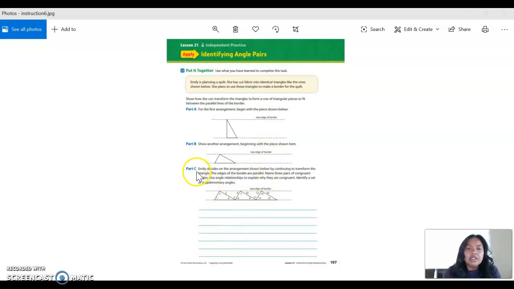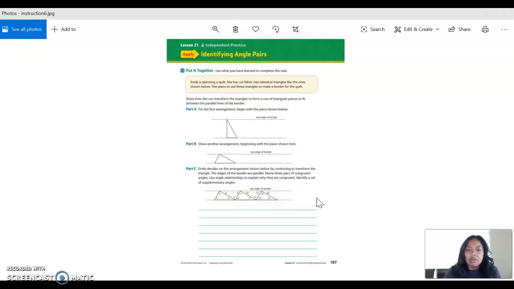Okay, part C, this is the answer that I want here. It says Emily decides on the arrangement shown below by continuing to transform the triangle. The edges of the borders are parallel, so this is parallel to this side, using that same relationship. Name 3 pairs of congruent angles, meaning angles that are equal.